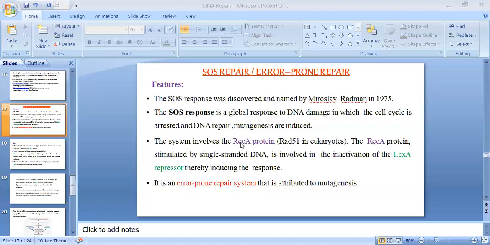RecA protein will be stimulated by the single-stranded DNA, and that is involved in the inactivation of LexA repressor. Another feature is that this is an error-prone repair system because it is attributed to mutagenesis. That's why this is called the error-prone repair mechanism.